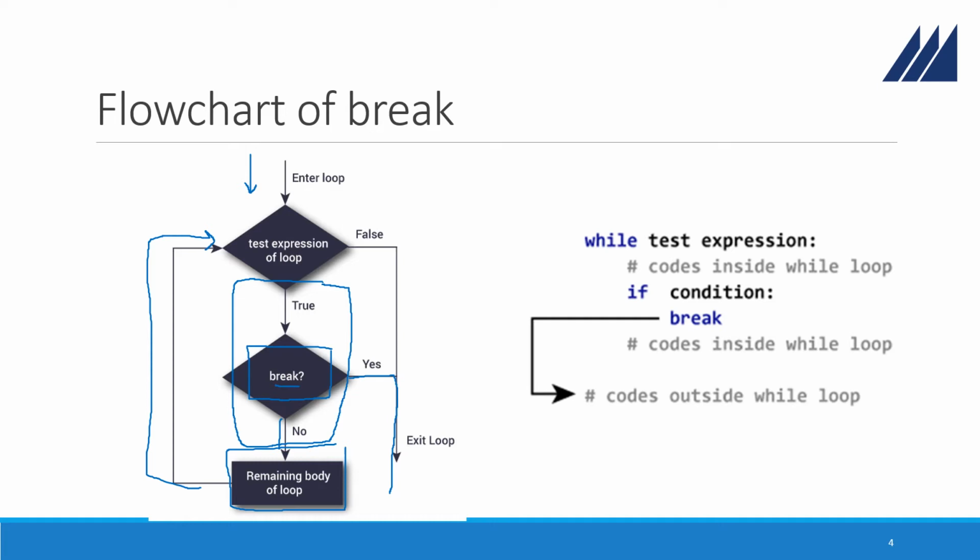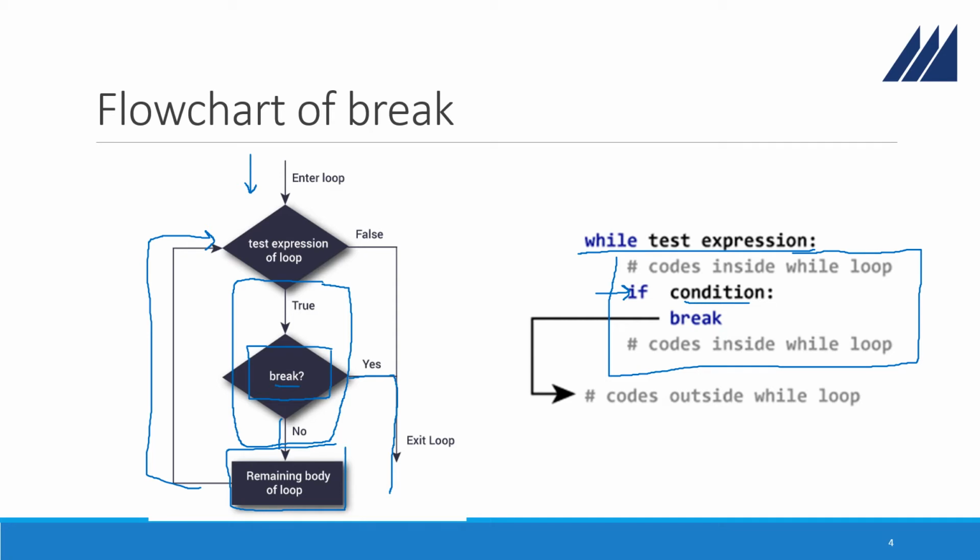Let's take a look at this code. It's kind of like a template. This is the header of my while loop. I have my expression, and the entire thing in this box is the body of the loop. At certain points inside the body, you will have an if statement, and this if statement is going to test a certain condition.